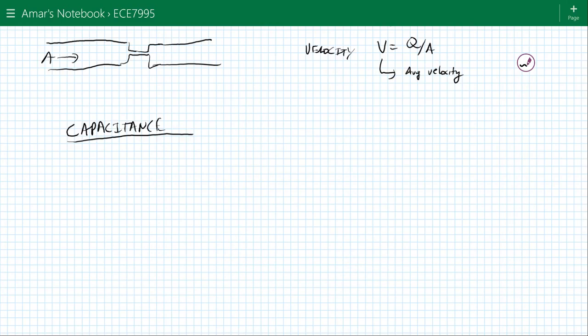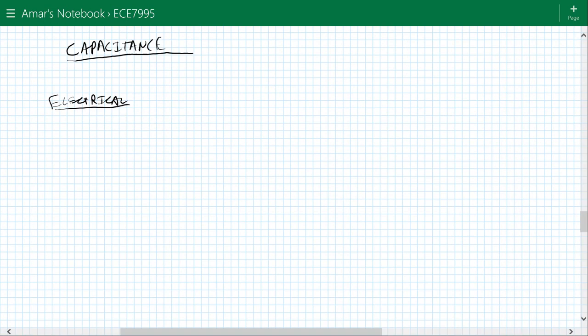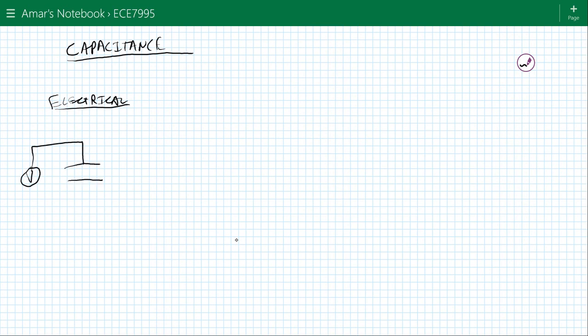So in the electrical domain, we put a voltage here. If we put this across a capacitor, we get this relation: Q is equal to CV.